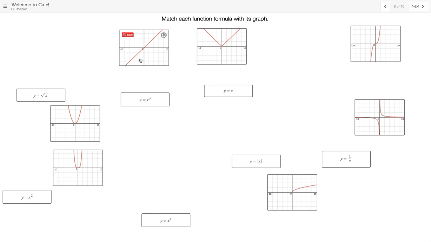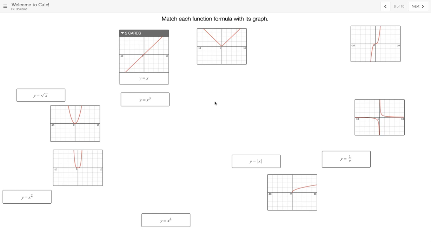I want to start with the one that looks linear, right? This looks like a line through the origin. It seems to just hit on each square, right? Over one box, up one box, over one box, up one box. That's the line y equals x. Feel good about that. Now, over here, next to it, in this first quadrant, these two graphs actually look identical, right?